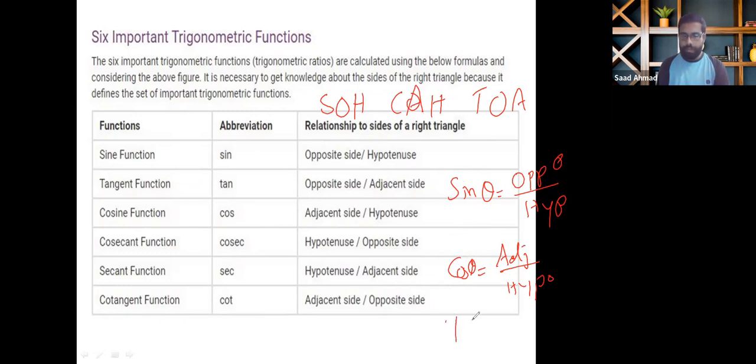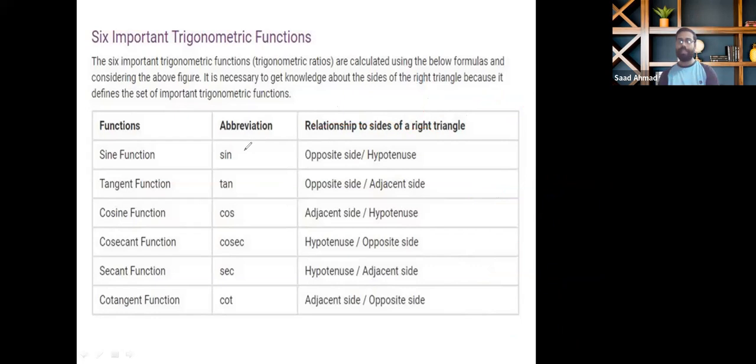And then TOA means T for tan, opposite over adjacent. If you want to remember it in a shortcut, you can remember this. So these are the 6, basically.